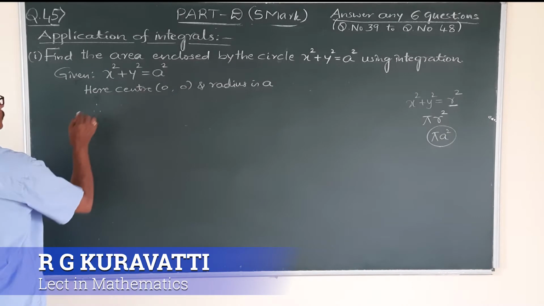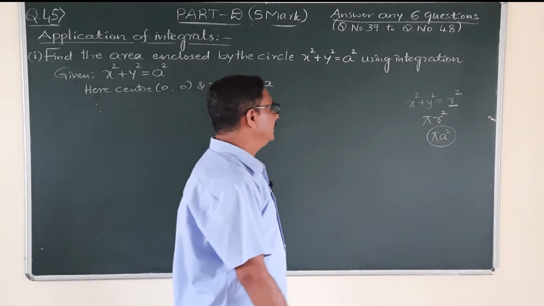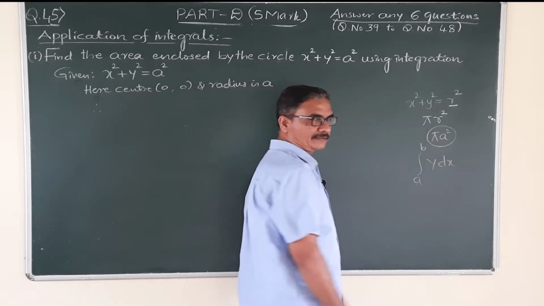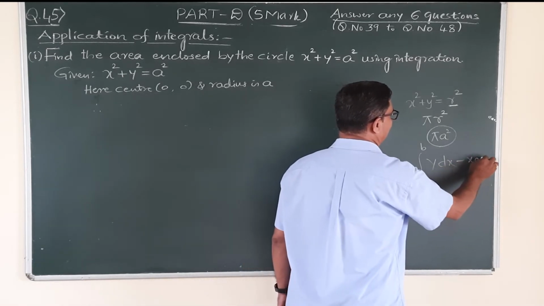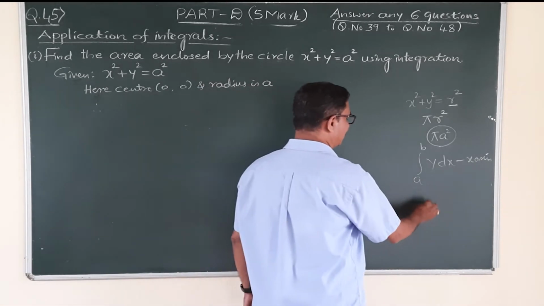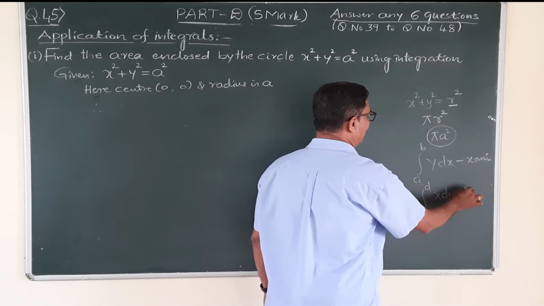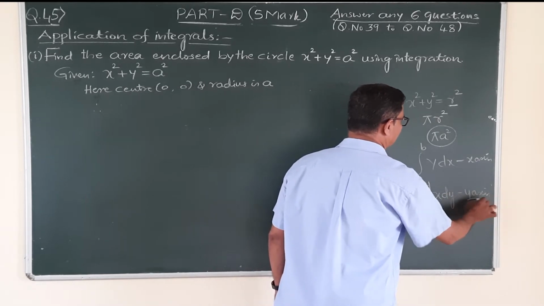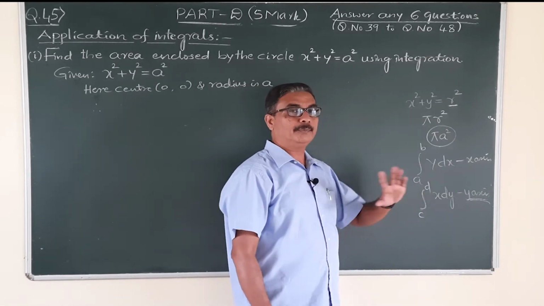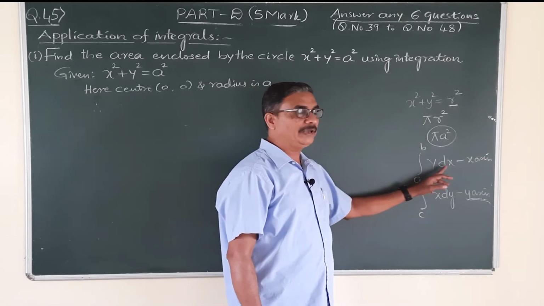Now, you know the area bounded by the curve with the x-axis is given by the integral from a to b of y dx. The area bounded by the curve with the y-axis is given by the integral from c to d of x dy.